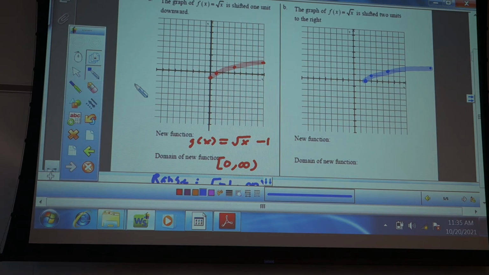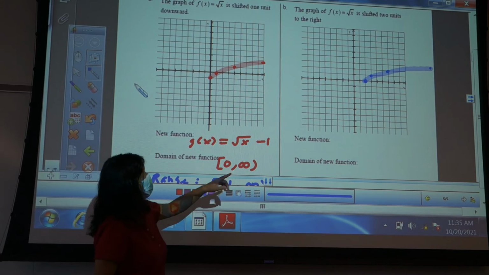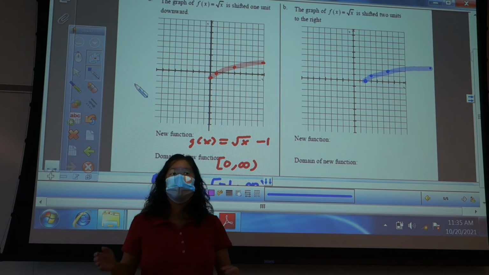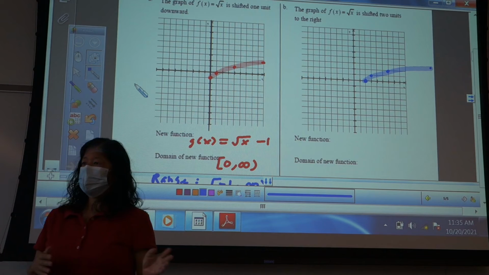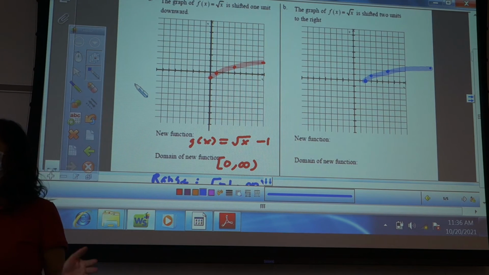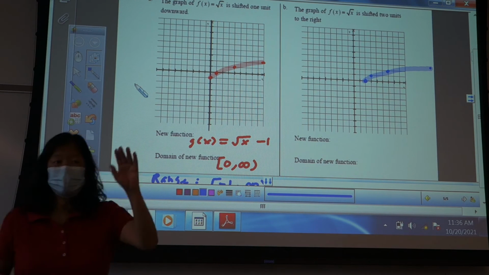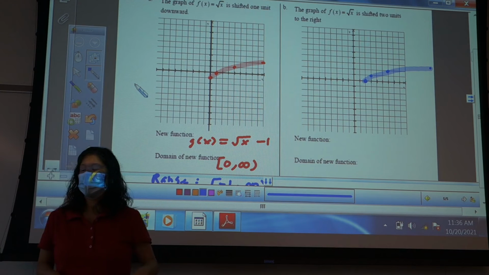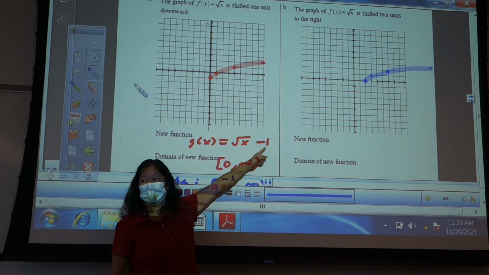Okay, so I'm shifting 2 to the right. Left, right. Shania, is left, right on the inside or the outside? Okay, so up, down is on the outside, like we did over here. Oh, inside.